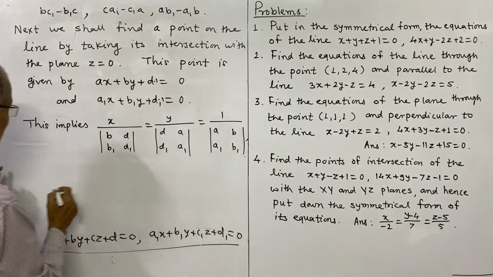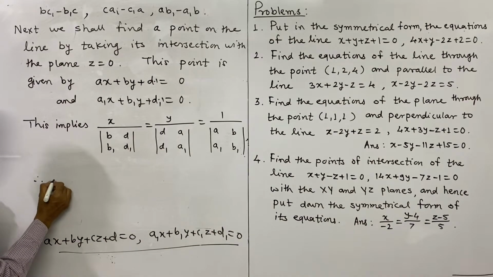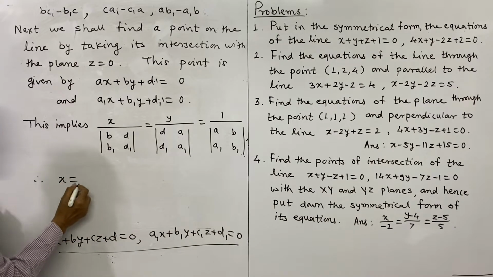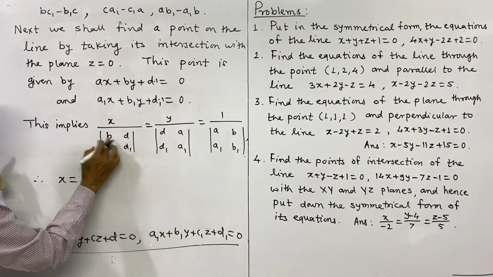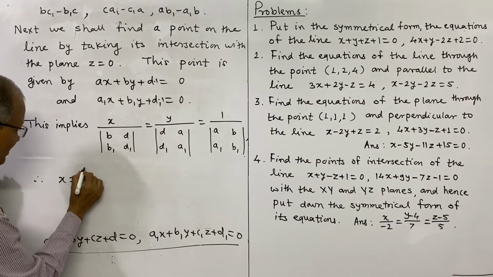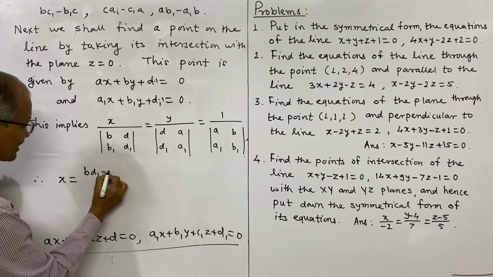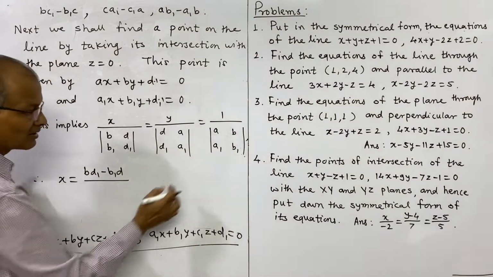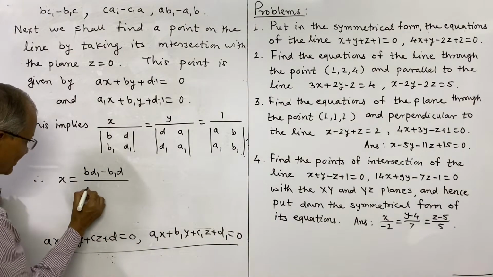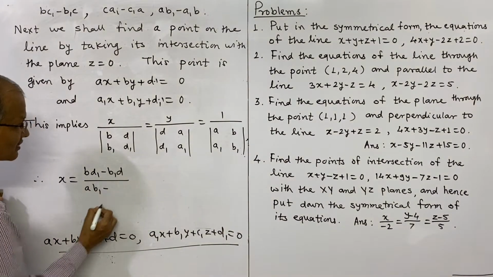So therefore x is equal to, now we shift this denominator on that side, and the value of this is bd1 minus b1d divided by, and the value of this determinant is ab1 minus a1b.